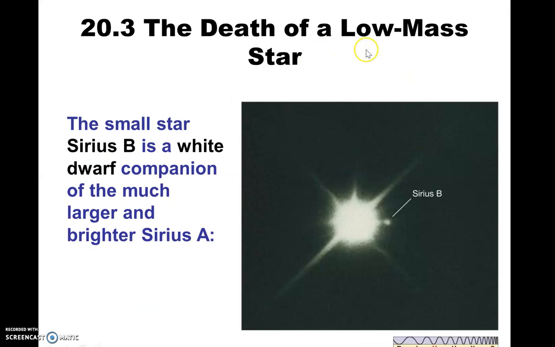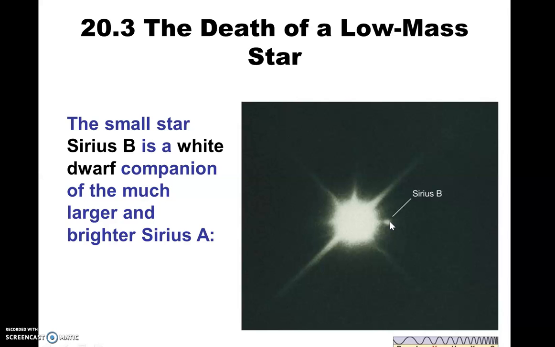All right. So this was actually one of the very first ones found. So here's Sirius, right? The brightest star in the northern hemisphere. It's actually the brightest apparent magnitude in the sky, and there's a little star near it called Sirius B, and it's very hard to see this star because the other star is just so much brighter, but we can see it.